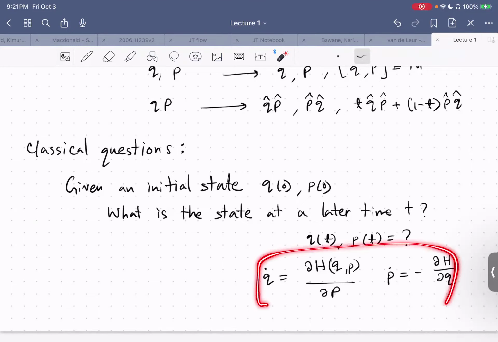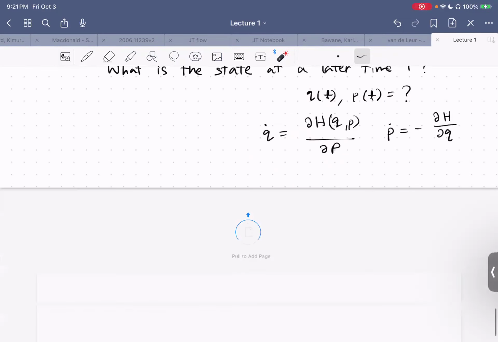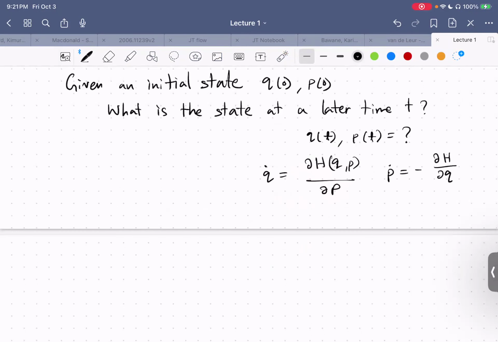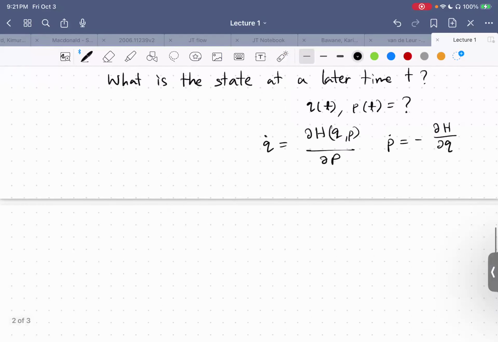You solve these equations, then you find q and p at any given time, given some initial condition. That's basically all of classical mechanics. So what is the analogous question in quantum mechanics? So what are the quantum questions?